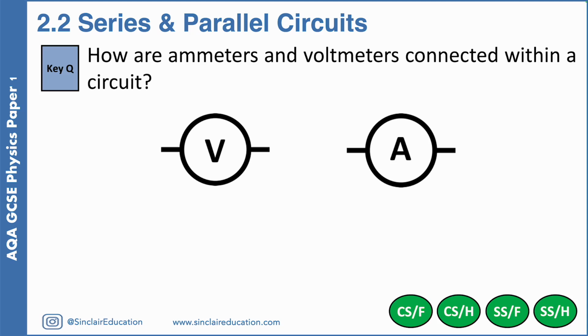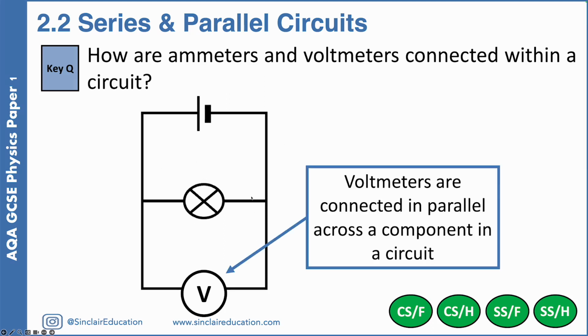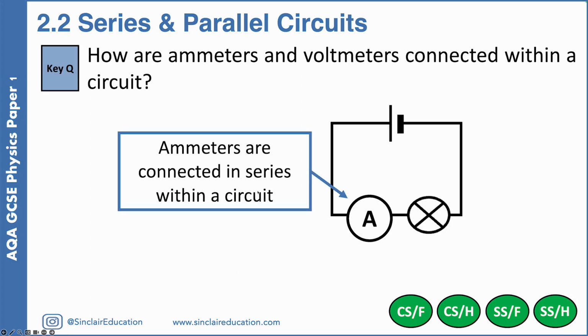And do you know how to connect a voltmeter? Our voltmeter will go in parallel across the component you want to measure the potential difference of, while ammeters will be connected in series. So when you're looking at current, put it in the same loop. When it's potential difference, you need to put that in parallel across.